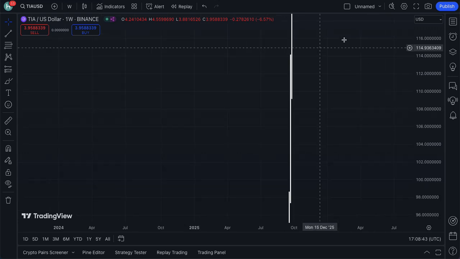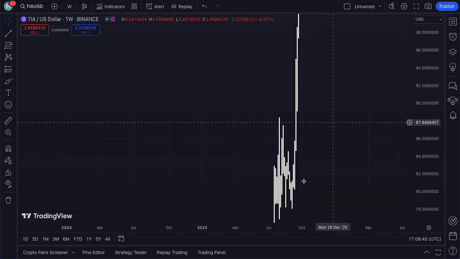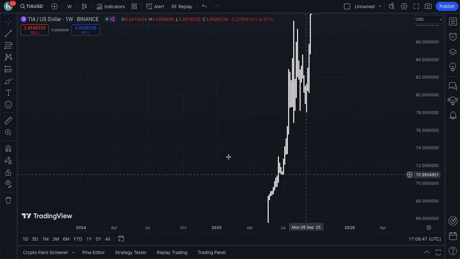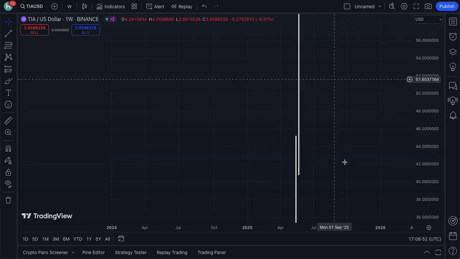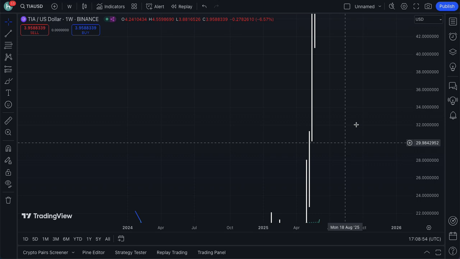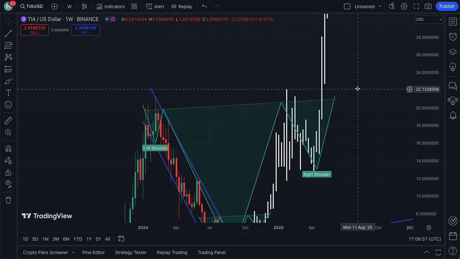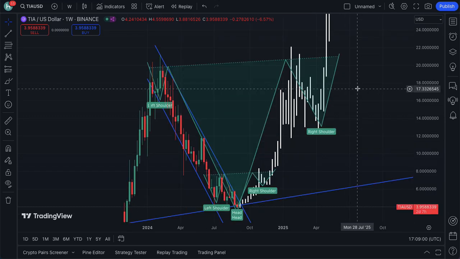Of course, we need a lot more bullish momentum for the overall market, not only for TIA. But I think the bottom for TIA is almost in, exactly as Bitcoin. We just need a little bit more time to consolidate between these prices.